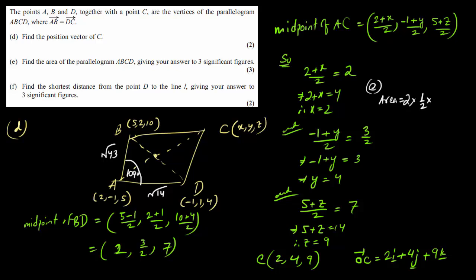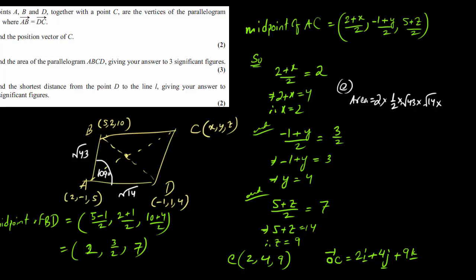So A is square root of 43, B is square root of 14. Remember the formula for the area of a triangle, and this is sine 109 degrees. This is the area of the triangle ABD, and if you multiply by 2, we'll find the area of the entire parallelogram. So let's calculate this.